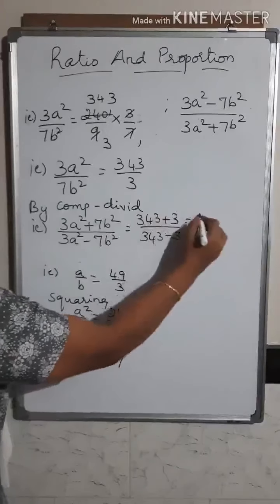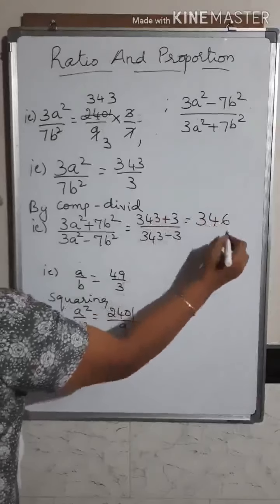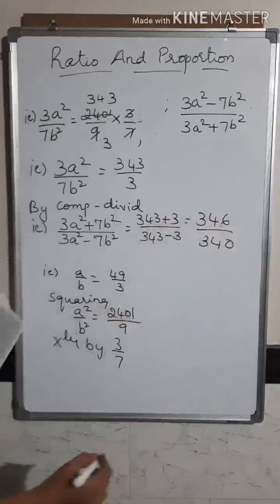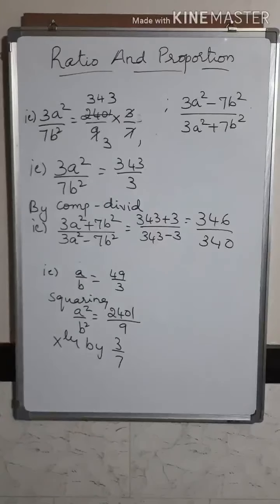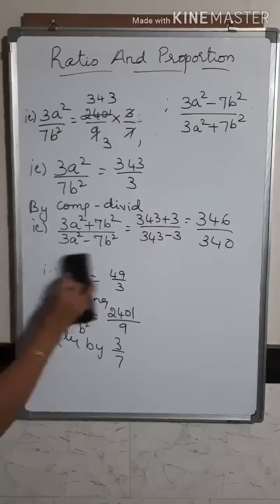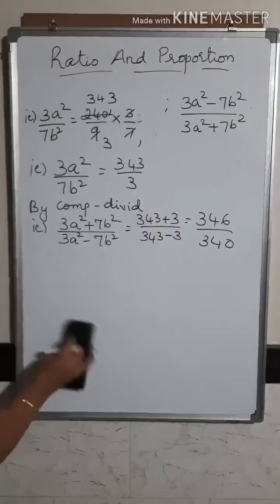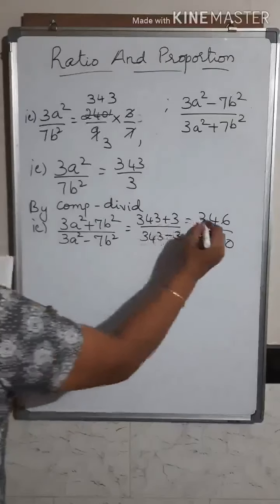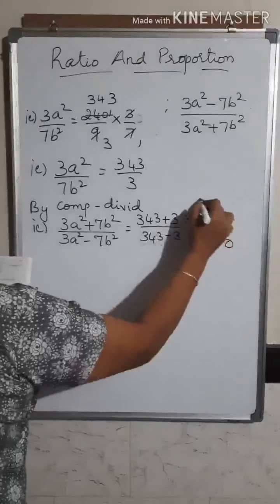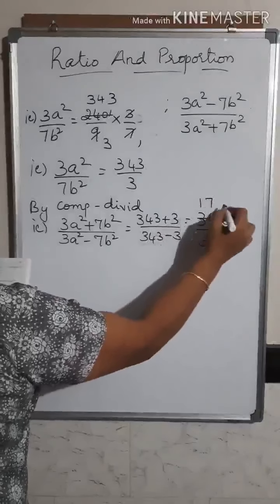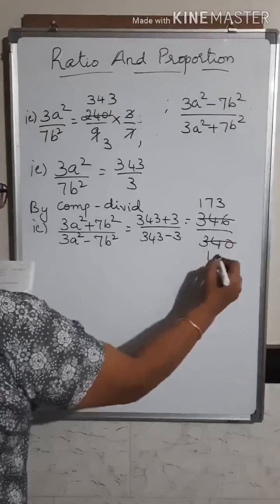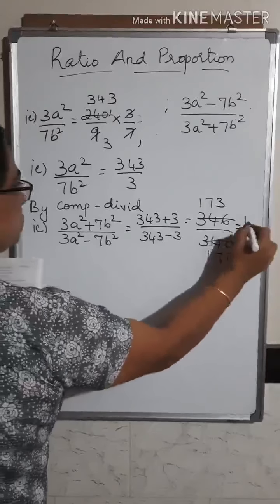So now this is equal to 346 upon 340. Now further you can cancel it. So when you cancel it, 2 1s are 2, 2 7s are 14, 2 3s are 6, 2 1s are 2.